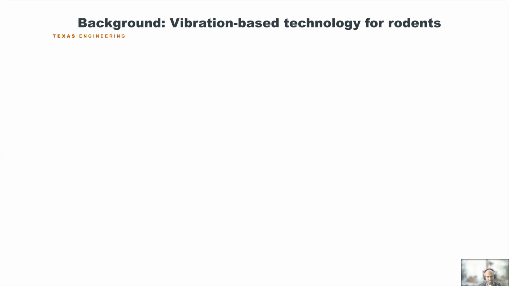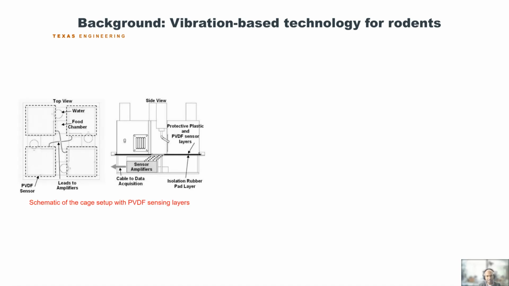Similarly, when it comes to rodent behavior, a few years ago, some researchers tried to pick up these really low frequency vibrations. The schematic of their experimental setup is shown here. They have floors where the mouse stands or sleeps, coated with PVDF films, which allows you to measure the low frequency vibrations.